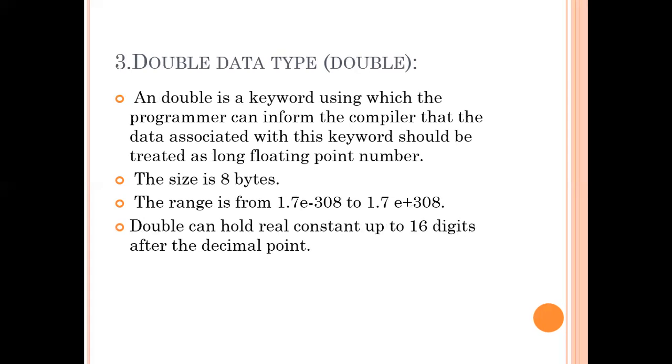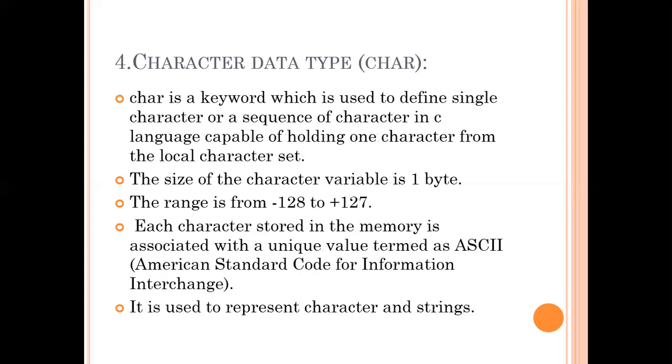A double is a keyword using which the programmer can inform the compiler that the data associated with this keyword should be treated accordingly. Okay. Character data type, integer, floating point, then character.